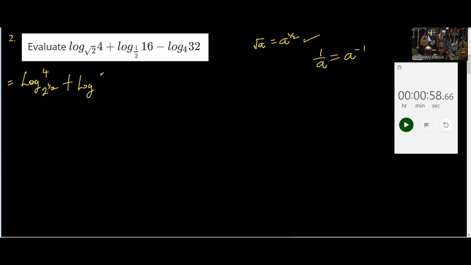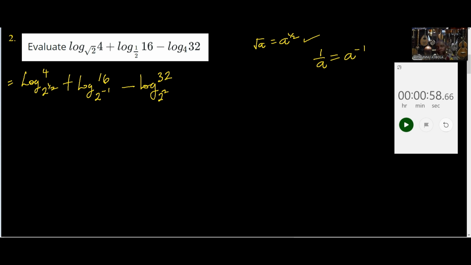So you have log 16, then base 2 raised power minus 1. Then minus log, because this is base 2, and we might likely combine them if possible, we can change the third one also to base 2 raised power 2, log 32. Take note of that. So all of them are in base 2.